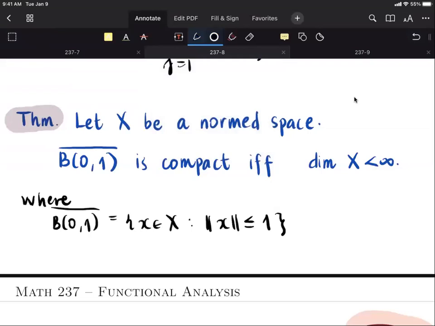Okay. In the case when X is infinite dimensional, this is closed and bounded, but not compact.